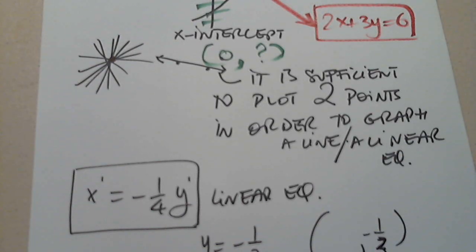What do I need to do to find x? We're given y. We just had the table that we filled in. So what will you do in order to find x?